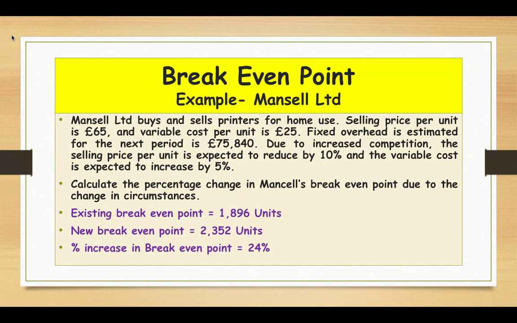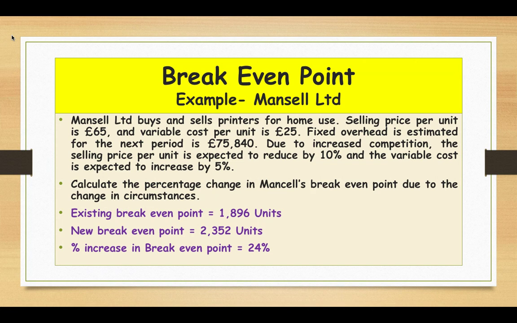So we'll calculate the original break-even point in units. We know the formula, which is fixed cost divided by the contribution per unit. So the fixed cost is 75,840 divided by the existing contribution per unit. Selling price per unit is £65, take away the variable cost per unit is £25.